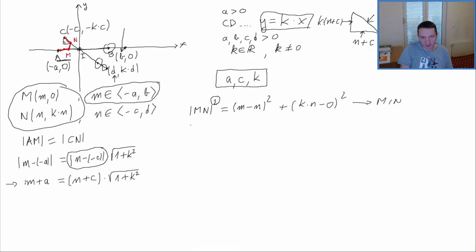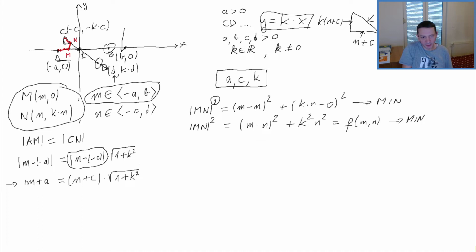Okay, let me write this once more in a simpler way, so we don't miss this minus 0 and square this k squared n squared. Now we can check that this is actually a function of two variables, m and n, which we need to minimize.